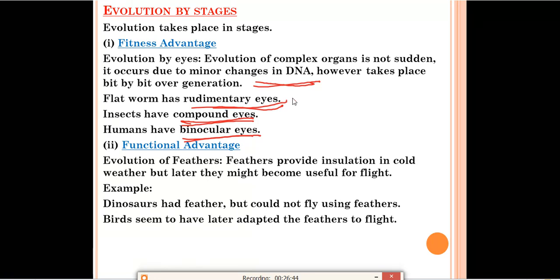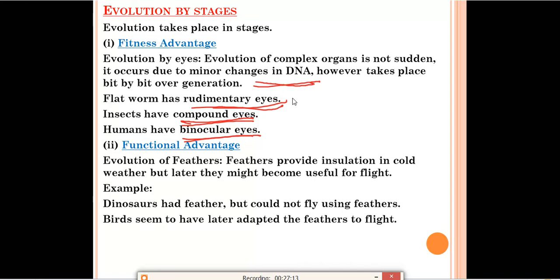Next one is functional advantage. Evolution of feathers. Feathers provide insulation in cold weather, but later they might become useful for flight. Feathers have different functions in different organisms. Previously, the feathers provided warmth to organisms living in cold weather. It was used for insulation, but after that they became useful for flight also.